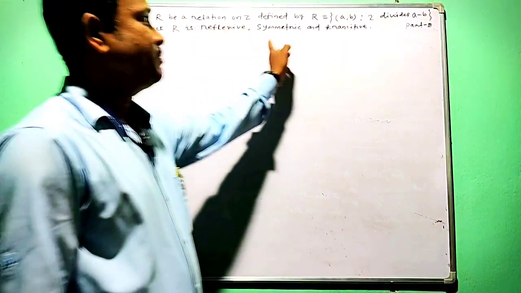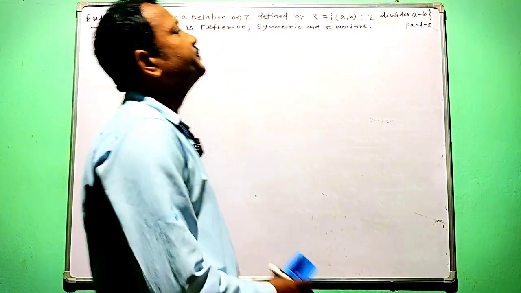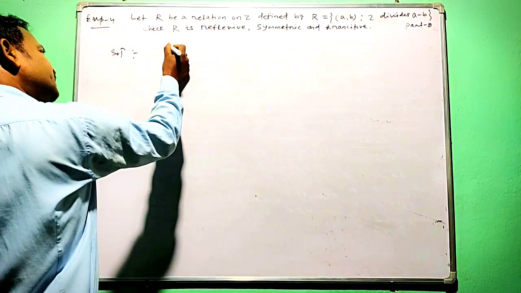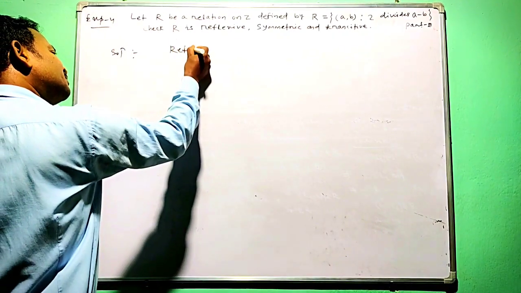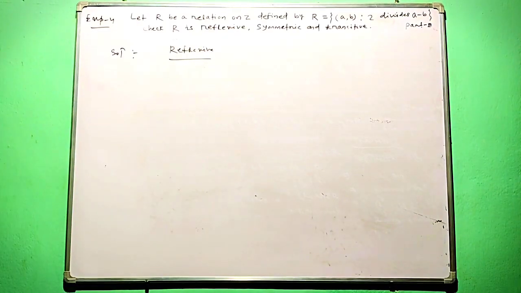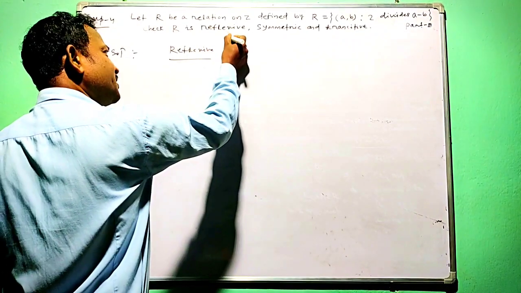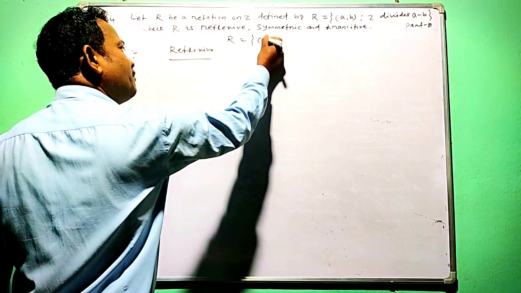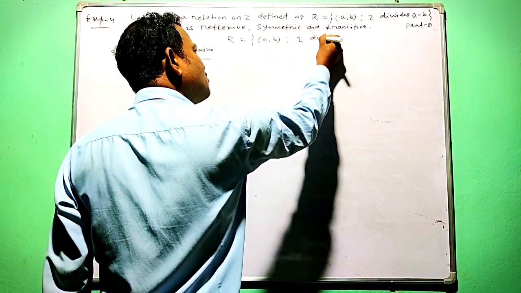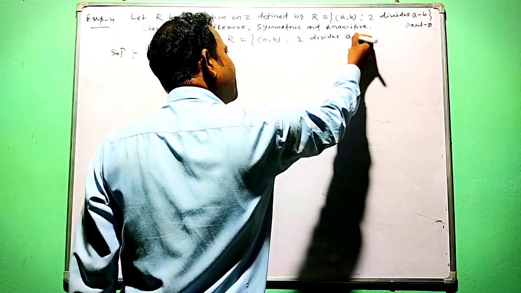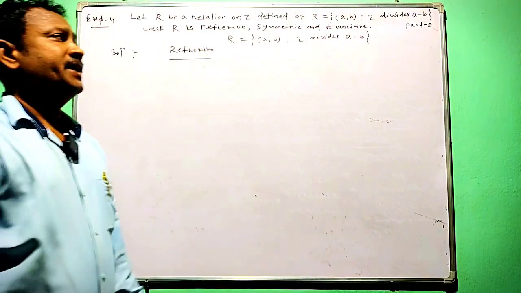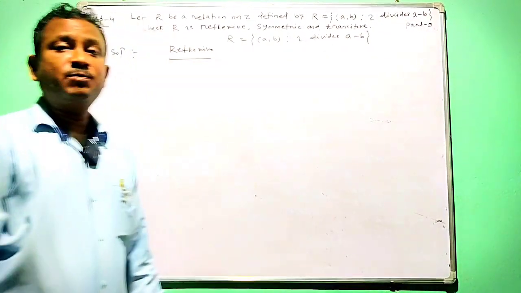Check R is reflexive, symmetric and transitive. Okay, test solution. Reflexive. Here R is your given relation, such that 2 divides a minus b. 2 divides a minus b means a minus b is divisible by 2.